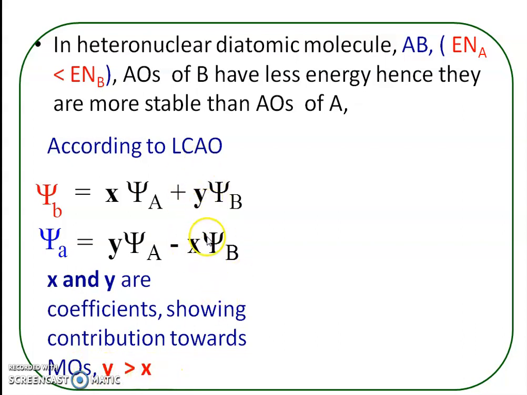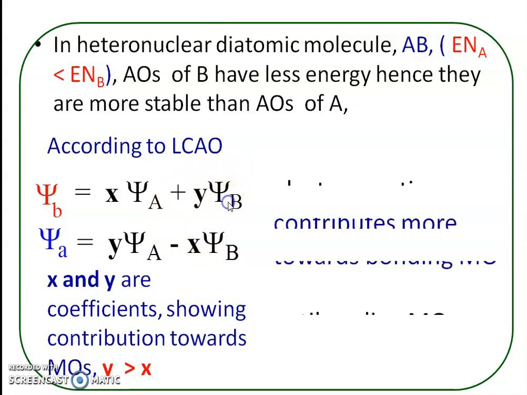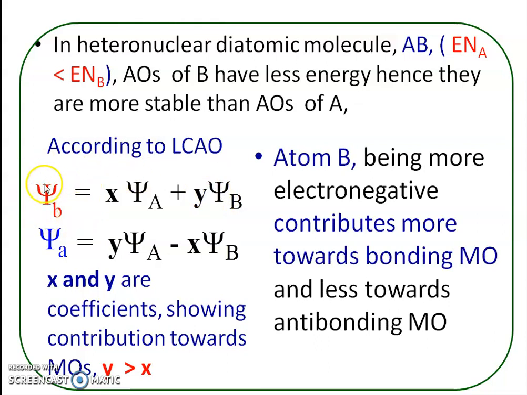Now these two relations make clear that the atomic orbitals of the more electronegative atom contribute more in the bonding molecular orbital, and contribute less in the formation of the antibonding molecular orbital.